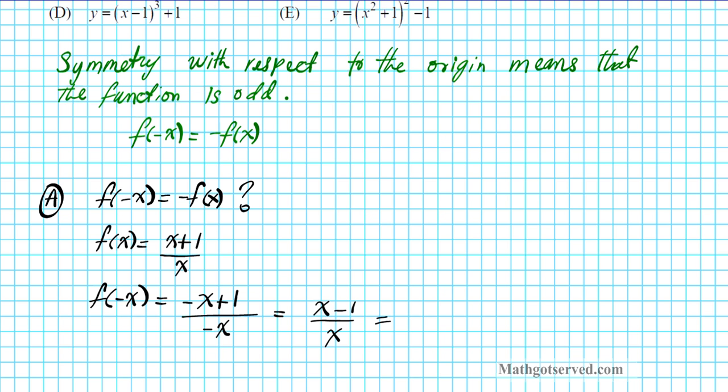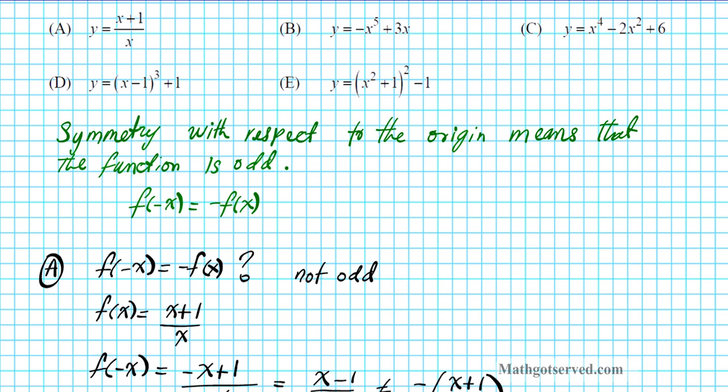And this clearly is not negative x plus 1 over x. Okay? It's not the opposite. So that clearly shows that option A is not odd. Okay? So if it's not odd, that means that it is not symmetric with respect to the origin. So let's advance to option B.